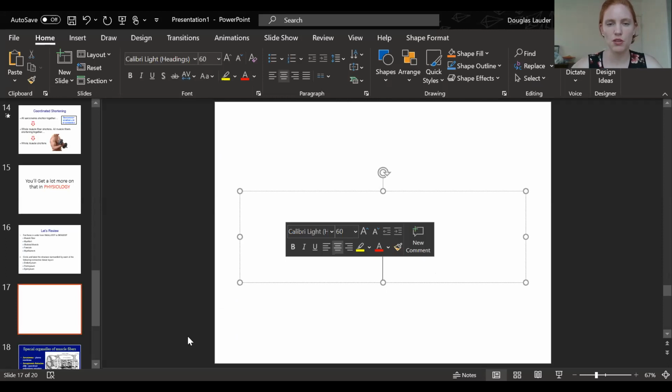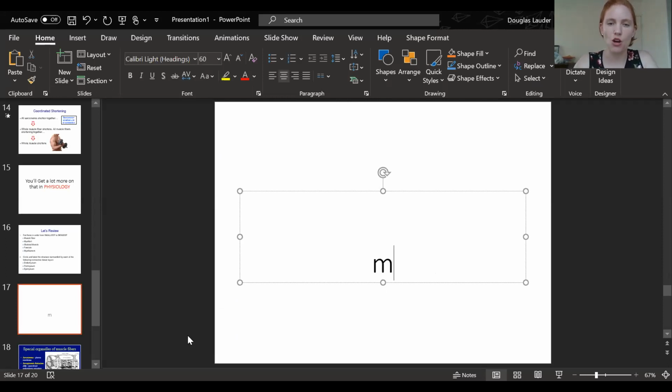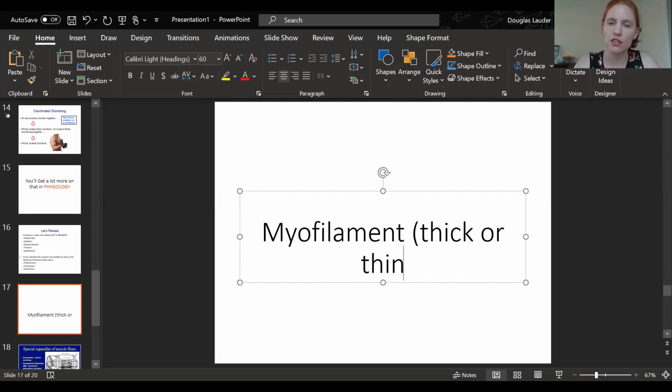So the first piece would be myofilaments. And remember, those myofilaments are thick filaments or thin filaments, also known as myosin or actin filaments. The myofilaments themselves are the long strings of protein, so just long fibers inside. When you take a group of myofilaments and bundle them together, you create a myofibril.